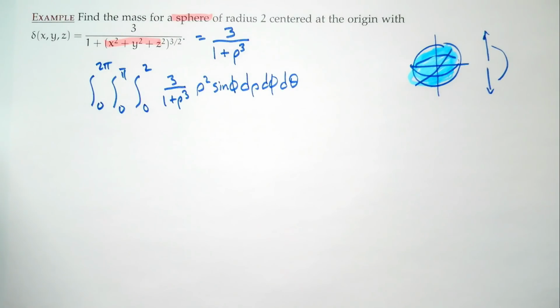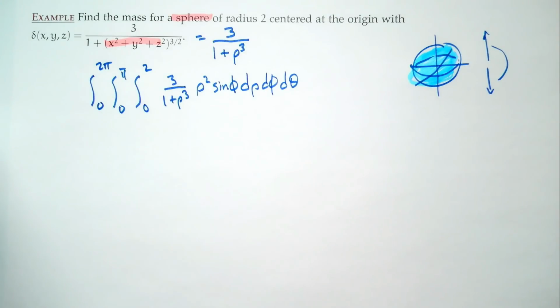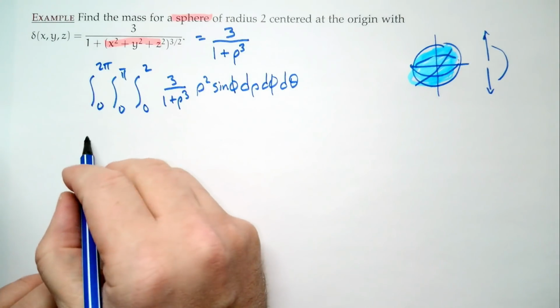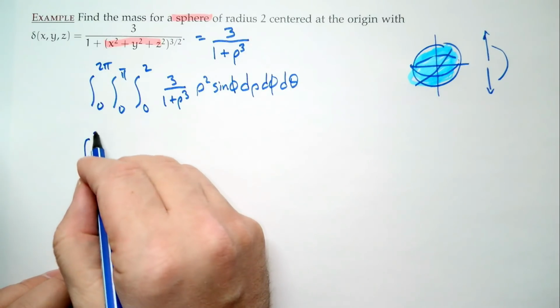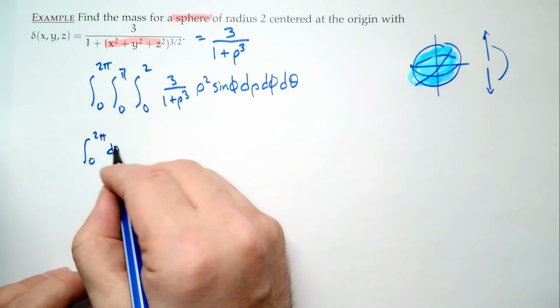So we now have these beautiful bounds, and in fact, what can we do? Well, we can now pull this integral apart into 3 pieces, because our bounds are numbers to numbers. So we can say we have the integral 0 to 2 pi, and since there's no theta term, there's d theta.